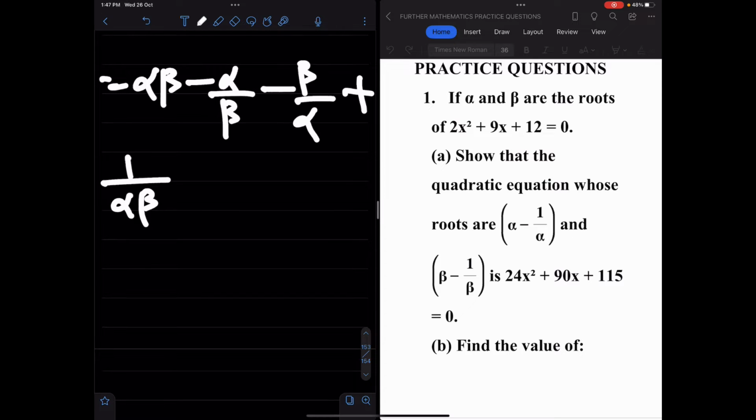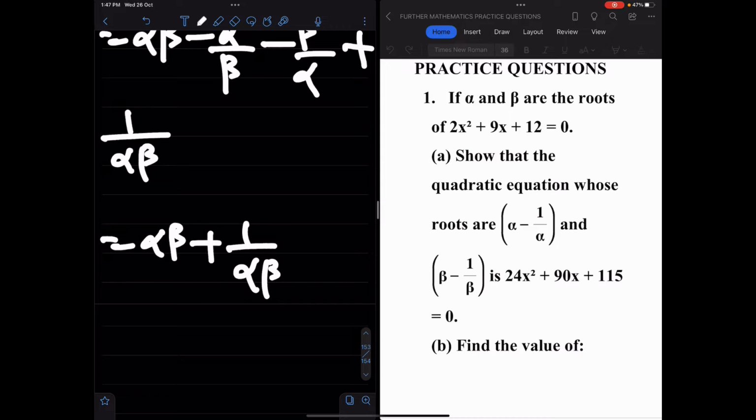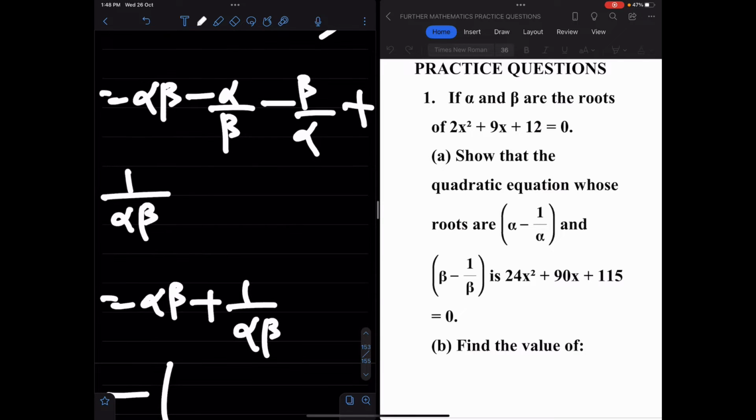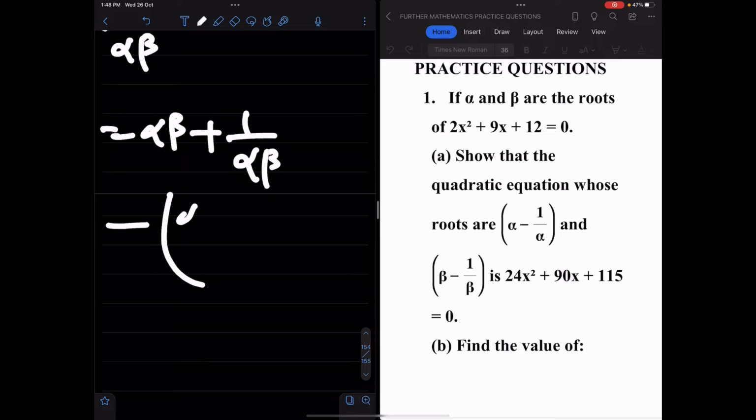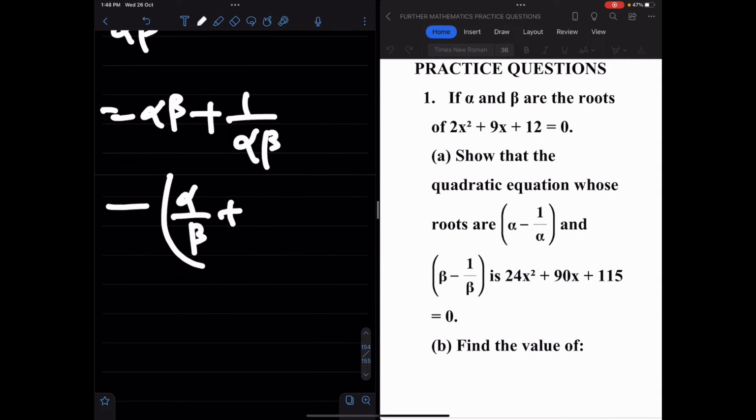This is the same as alpha beta, plus 1 over alpha beta, minus the bracket of alpha over beta plus beta over alpha.